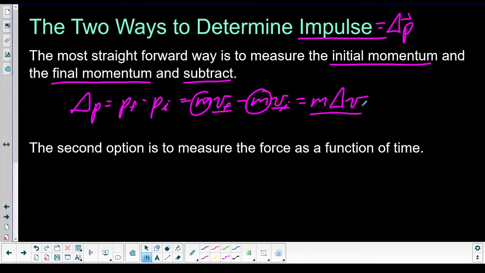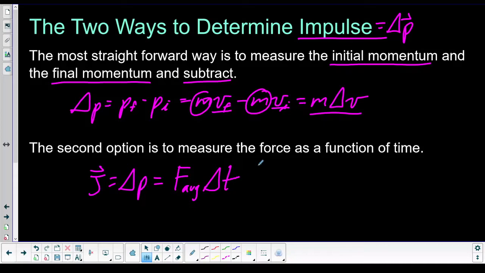The second way that we can try and analyze a situation to find the impulse is we know that the impulse formula, which is, again, change in momentum, is average force times change in time. So if we know how much force we're applying to something and how much time that force is being applied for, then we can look at a force as a function of time graph.